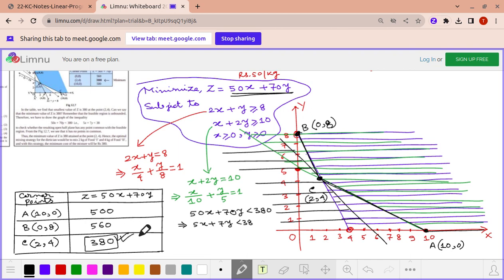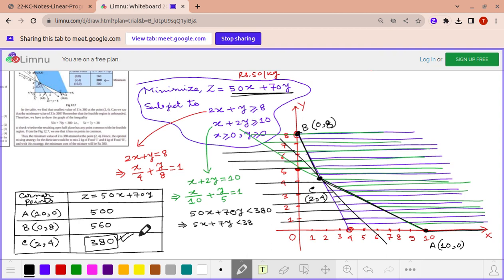This is the special case when the feasible region is not a bounded region. If the feasible region is a bounded region, then this last exercise, whatever I said, that 50x plus 70y less than 380 from the objective function expression, is not required.